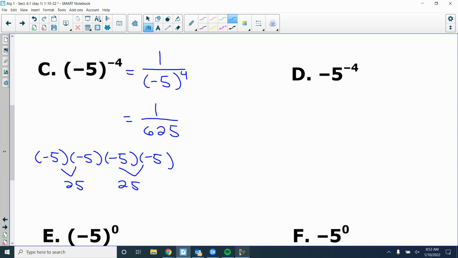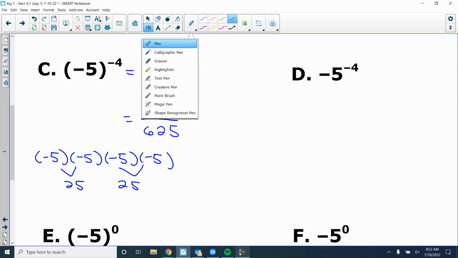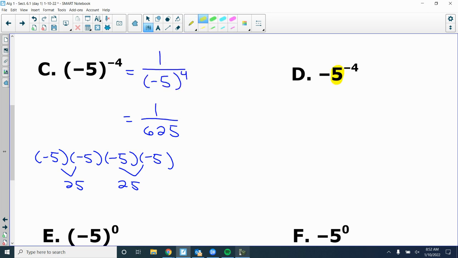For that one, yes. All right, for this second one, D, negative 5 to the negative 4. Is it in parentheses? No, so that means the only thing to the power is the 5. So now the negative does not move down below.